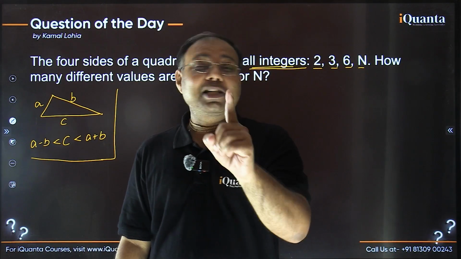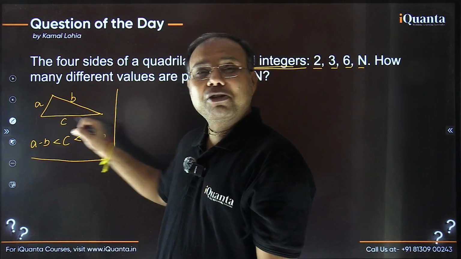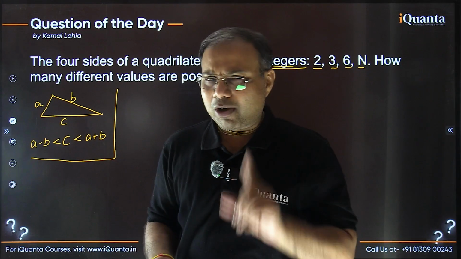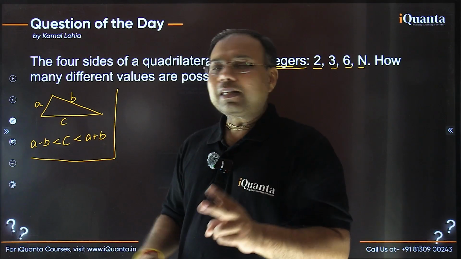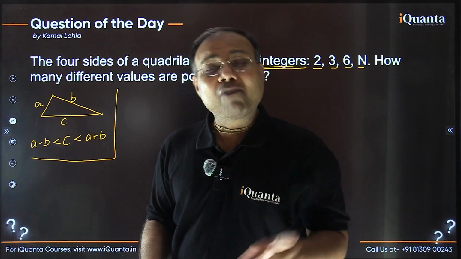So now listen, dear students, this is learning for all of you. This inequality which we have just recalled about triangles is not only for triangles, first thing. And second, the way I have written it is not the best way to write it. What is the best way, sir?